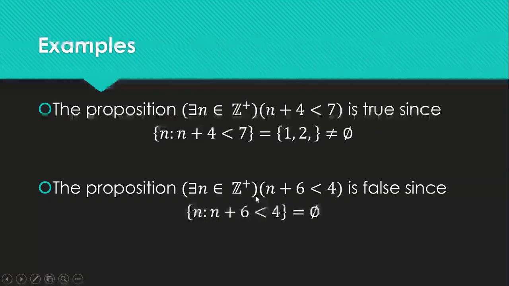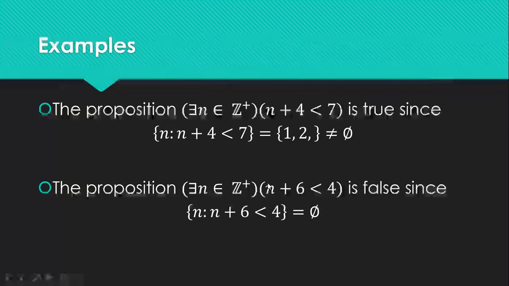Starting off with n equals 1, we have the set of positive integers starting with 1. Then 1 plus 6 is 7, and 7 is already greater than 4, not less than 4.